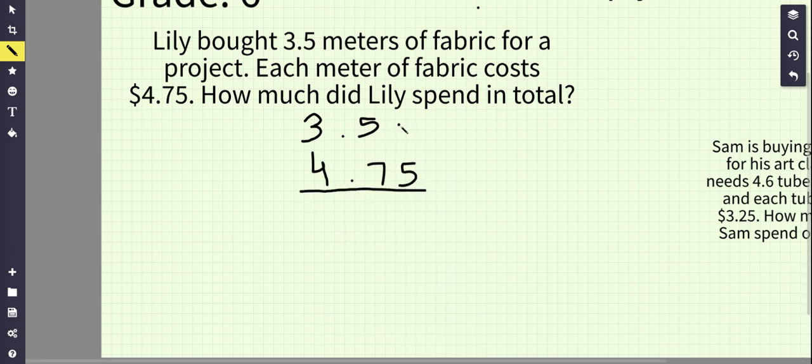And we're gonna try to multiply these. To multiply decimals, you look at the multiplier, the number on the bottom, and multiply each number on the bottom by each number on top. So 5 times 5 is 25.